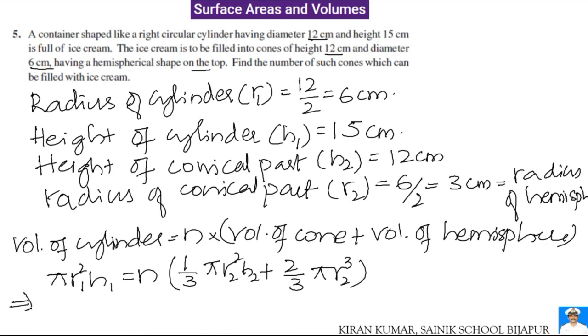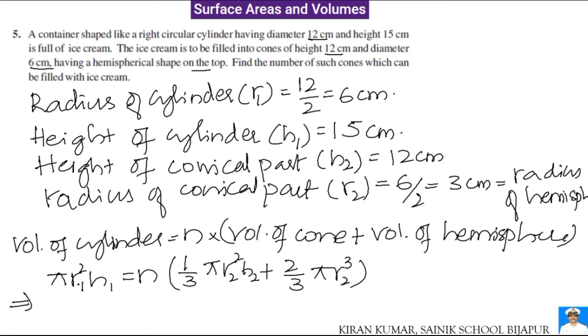Substitute the values. What do we get? Here you observe pi being common, and left hand side pi and right hand side pi get cancelled.